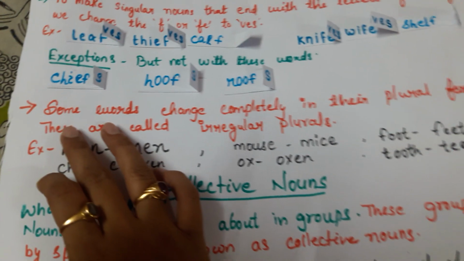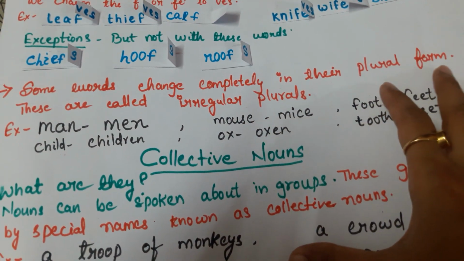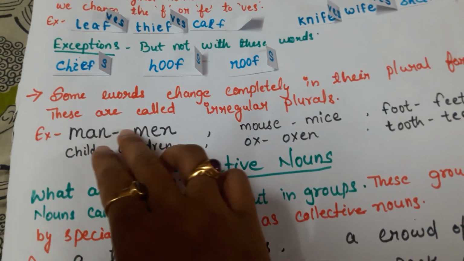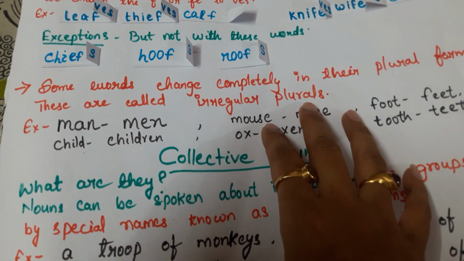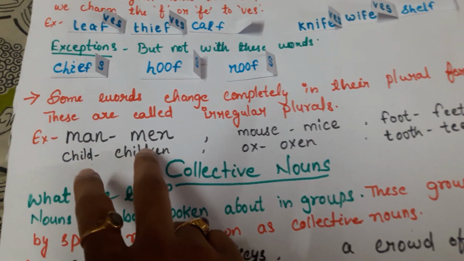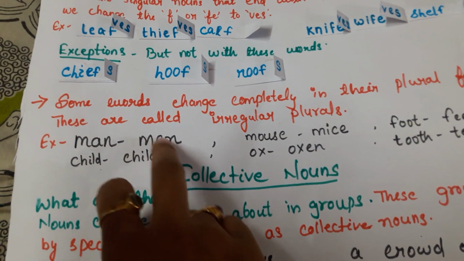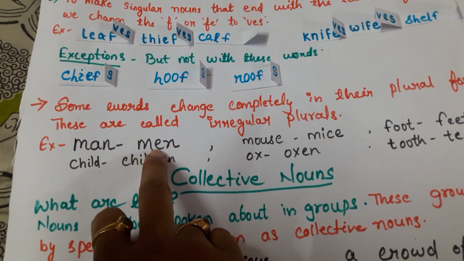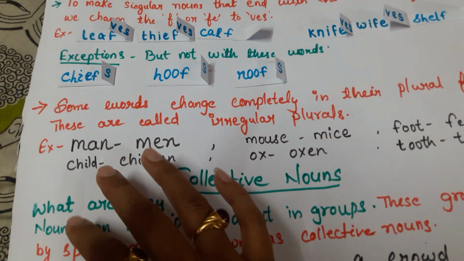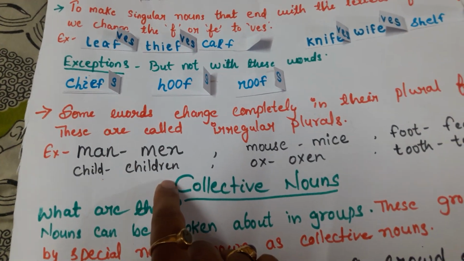Okay, now there are some words that change completely in their plural form. These are called irregular plurals. They completely change the word. Man becomes men. The vowel in the middle is changed from a to e. In the same way, woman, women, child, children.